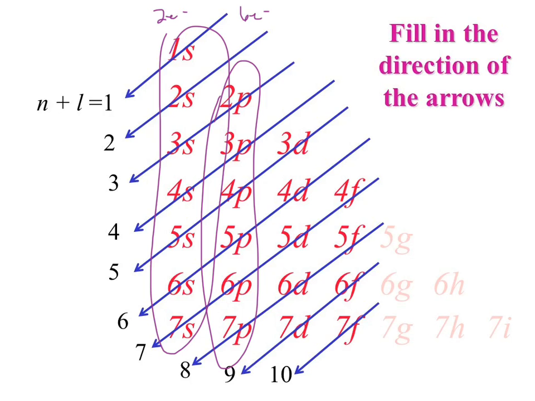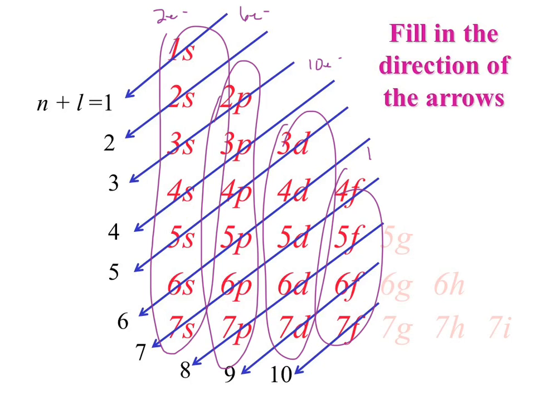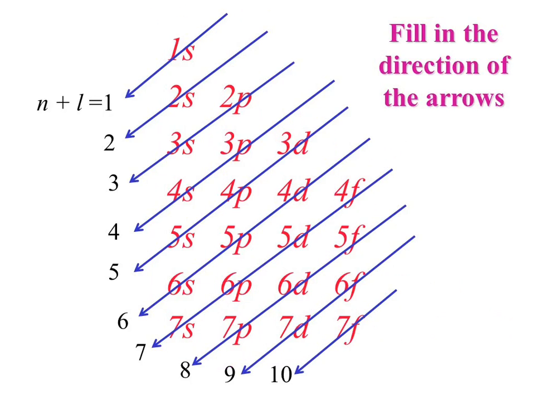On top of all the D's, how many electrons? Yep, 10 electrons. And the F's, yep, 14 electrons. But that might make it, I don't know, confusing.